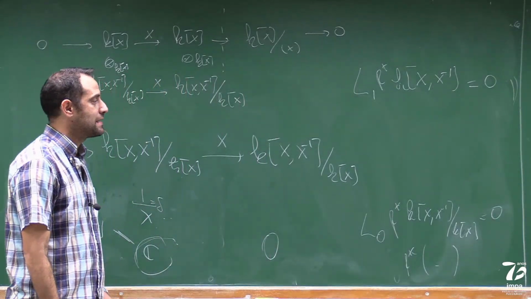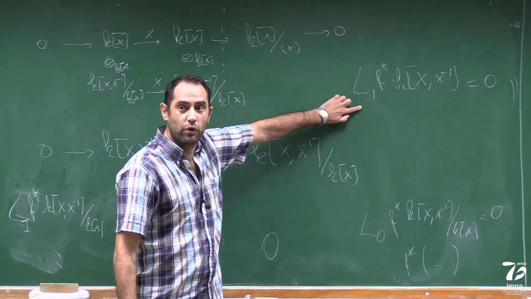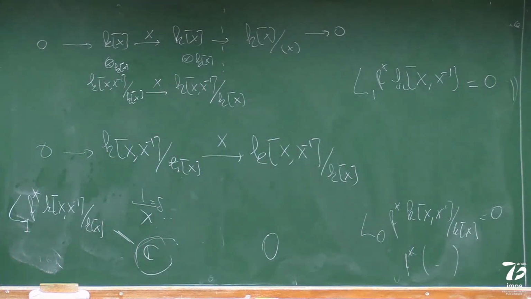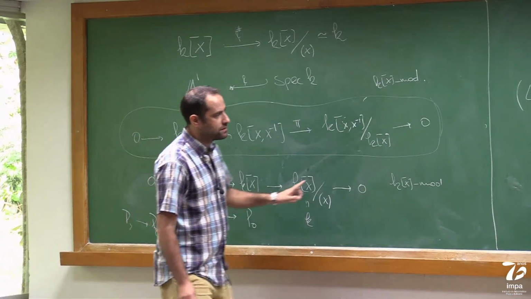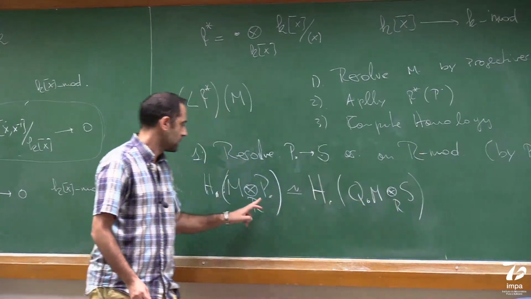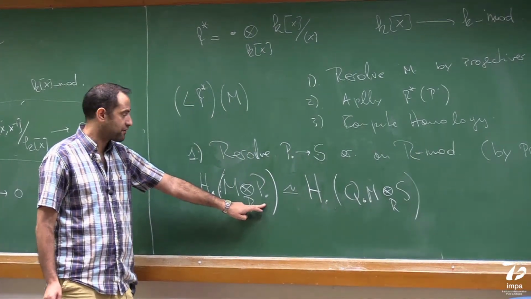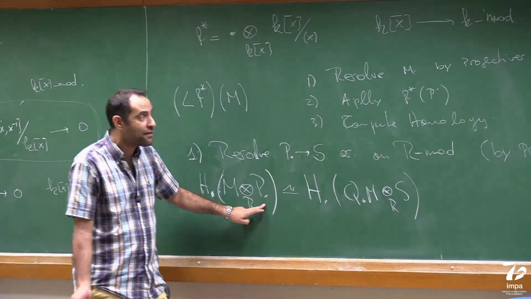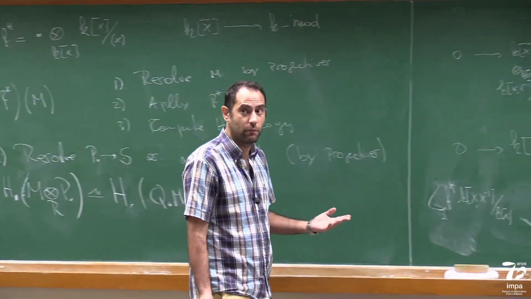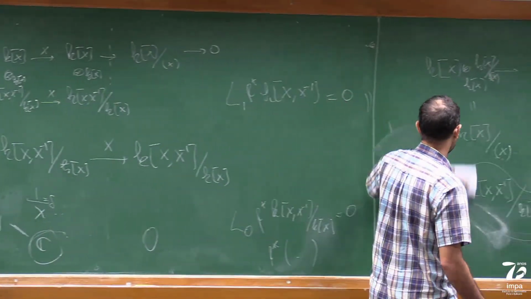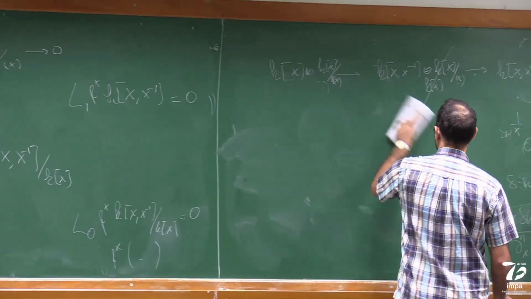And Ln pullback of anything beyond 1 is 0 because S itself has a resolution of length 2. Since I can compute this pullback by this trick, by resolving S, I'm going to use this projective resolution. P2 is 0 already. So nothing will have homological degree more than 2. So let's collect everything here. We've already computed everything.